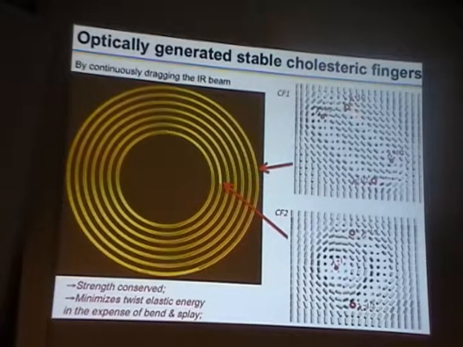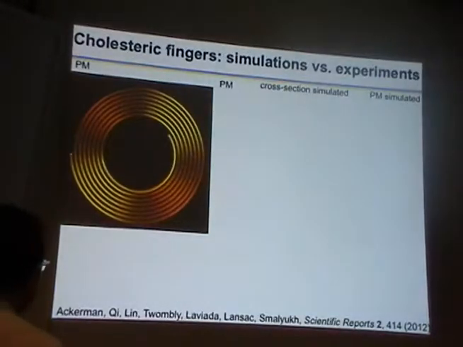So again, in both cases, we have conservation of the winding number of those disclinations, and they allow us to introduce locally cholesteric twist in an initially unwound system, right?